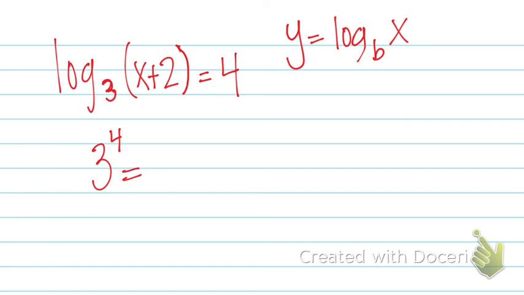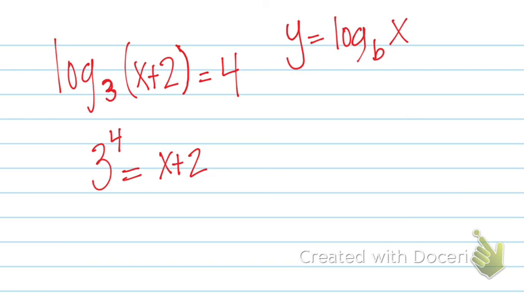This time, it just has a plus 2 attached to it. So this, on Friday, we will implement transformations. So this same rule, x plus 2, applies as it has every other time. So if you have an x plus 2 in the parentheses, is it going to go to the right 2 or is it going to go to the left 2? The left 2. So that's what that means.